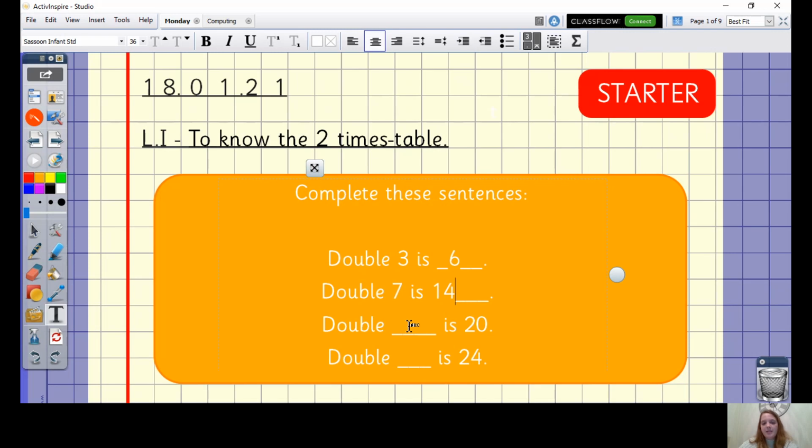So half of 20 would be 10. So just check, double 10 is 20. Yes, that's correct. And let's find half of 24. Half of 24 would be 12. So double 12 is 24. Yes, that's correct. Well done for those last two especially, because they were quite tricky.